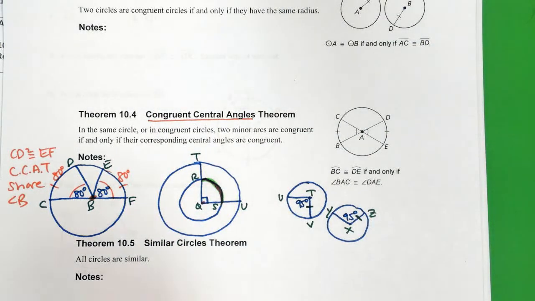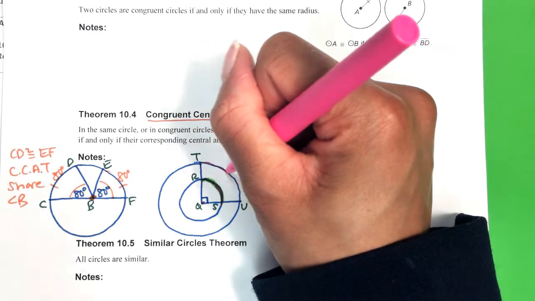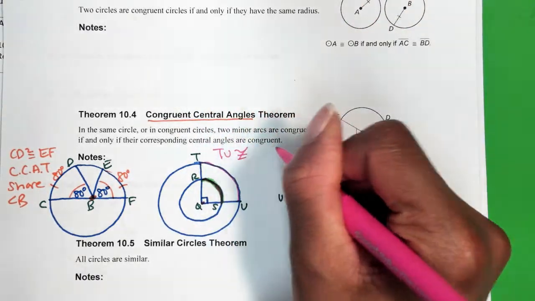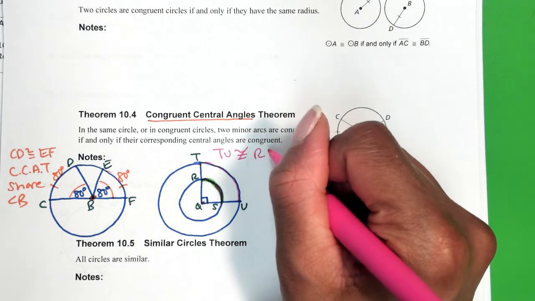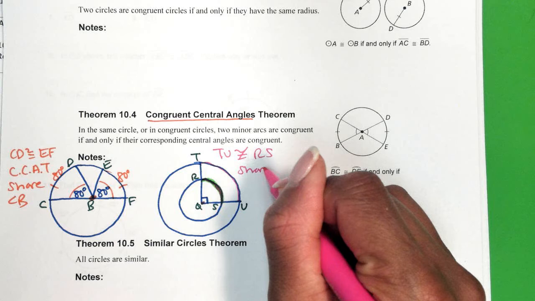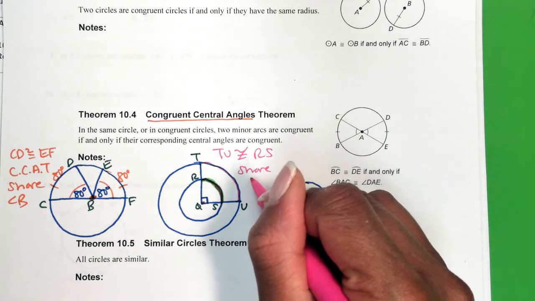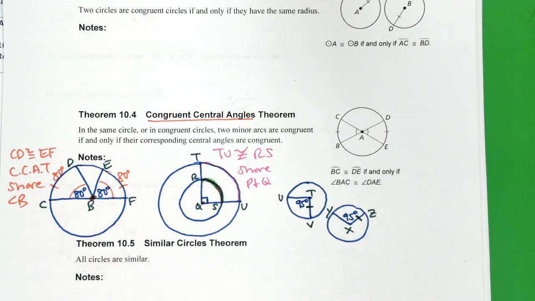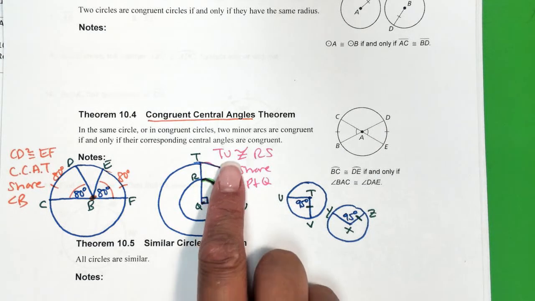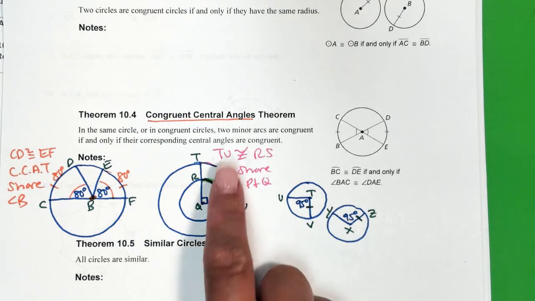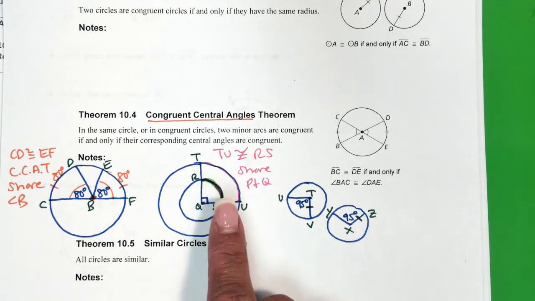So S is not congruent to U. They might share point Q, but the two arcs are not the same. You can tell this one's a little bit longer than the other, so these are not congruent based on this theorem.